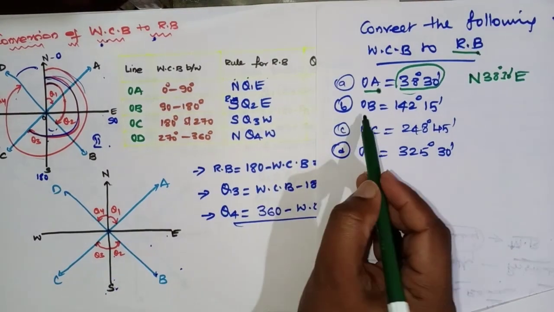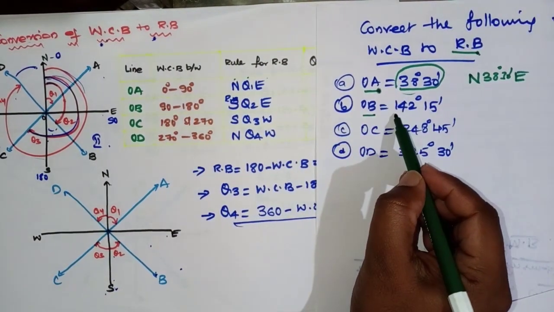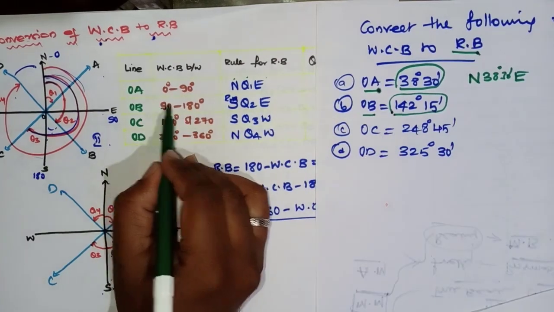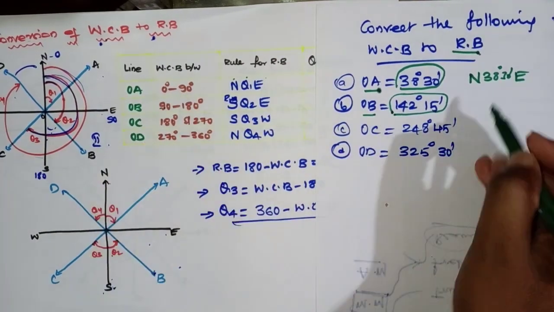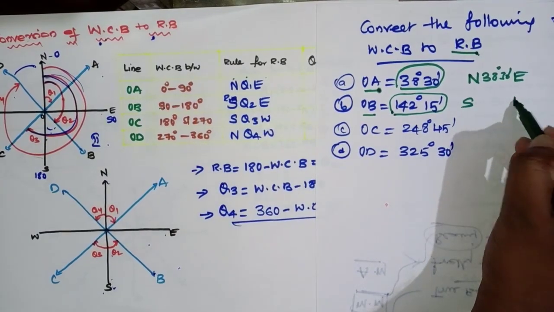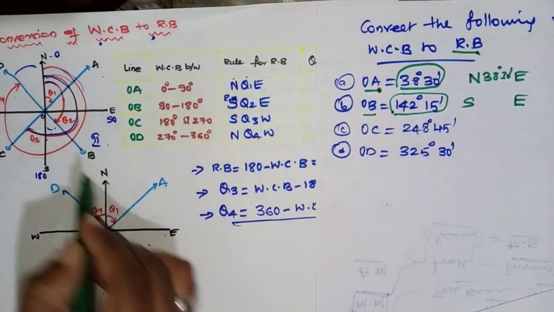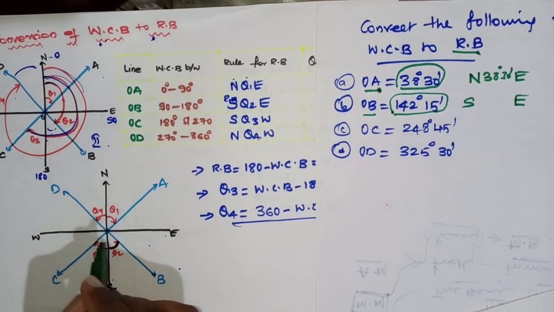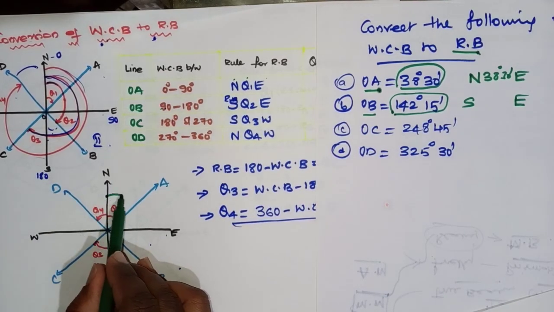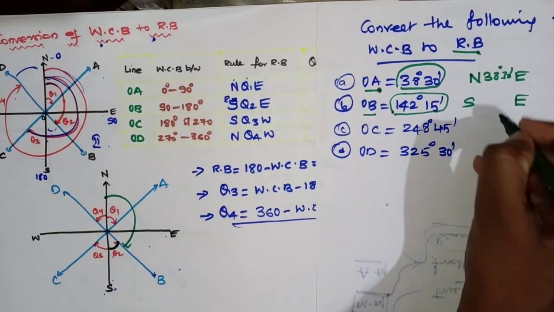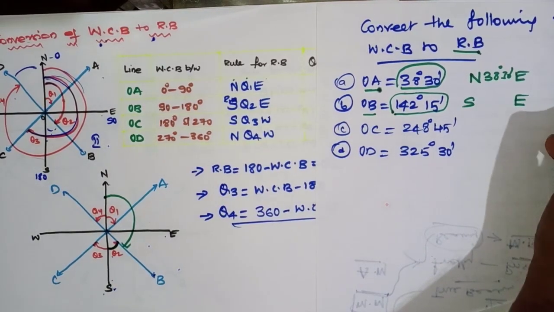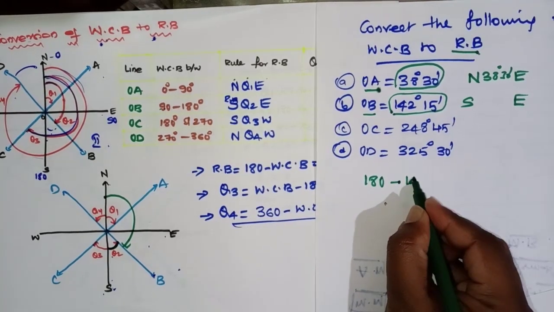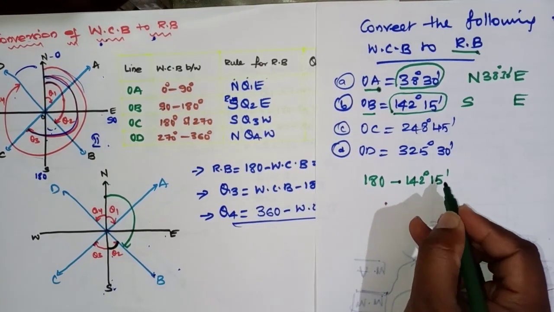Coming to OB, it lies in what? Greater than 90 but less than 180. Means 90 to 180, so it is southeast. But what is the value? Now see here, this is the value I require. So 180 minus 142 degrees 15 minutes.